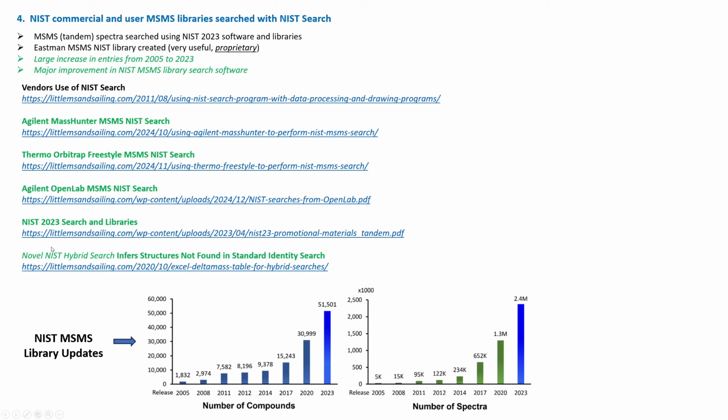Another thing is a novel NIST hybrid search, which infers structures not found in the standard search. This is something you'll find very valuable, and I can't go into detail because it's a little complex, but you need to learn about this because it really extends the capability of your user and commercial MSMS libraries.